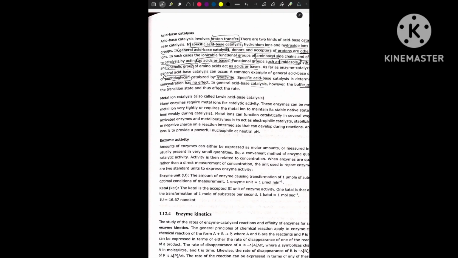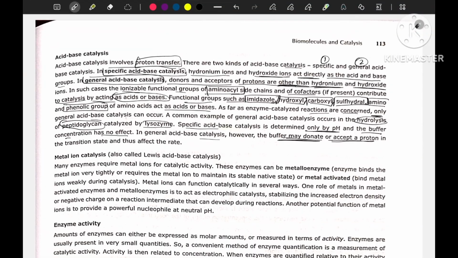Next is metal ion catalysis, also called Lewis acid-base catalysis. Many enzymes require metal ions for catalytic activity. These enzymes can be metalloenzymes, which bind the metal ions very tightly or require the metal ions to maintain their stable native state, or metal-activated enzymes, which bind the metal weakly. Metal ions can function catalytically in several ways.